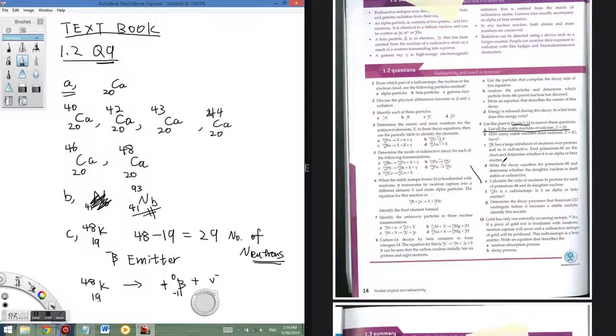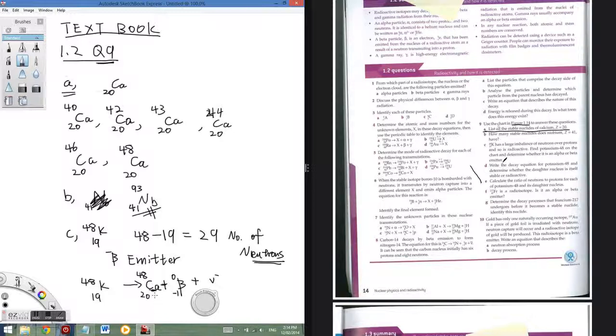Let's balance the equation. The atomic number must be 20, because 20 minus 1 gives me 19. The mass number should be the same, 48. So mass number 48 with atomic number 20 should be calcium. If you look at your periodic table, calcium has an atomic number of 20, so that's the equation.